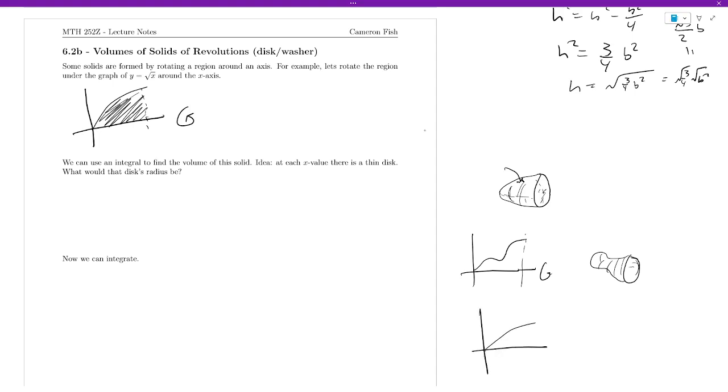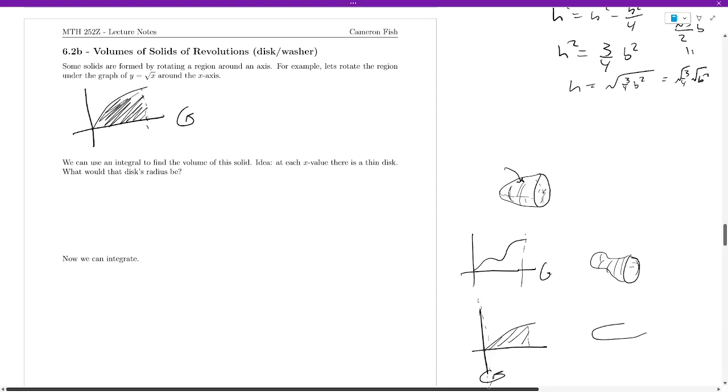Let's say we had our same shape. But if we rotate around the y-axis, that means I'm taking this thing and flipping it around the y-axis instead. So now my lathe thing is going here. And if we rotate this, I bet it'll make a shape sort of like this.